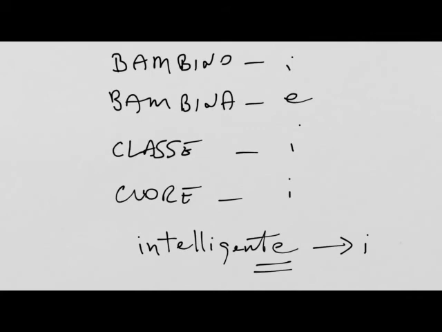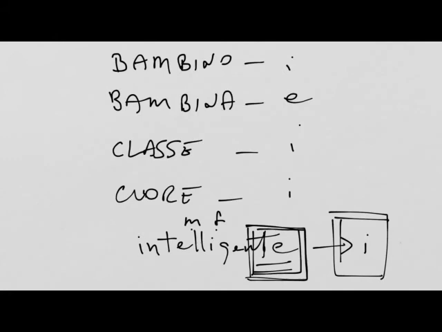Intelligente is the form that works both for the masculine and the feminine. This adjective that ends with e is identical both for the masculine and the feminine. The plural, i, is also going to work for both the masculine and the feminine.